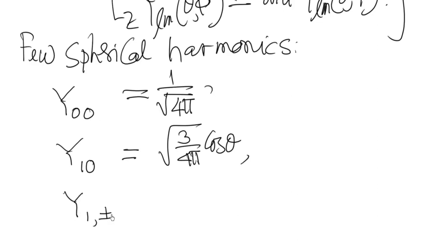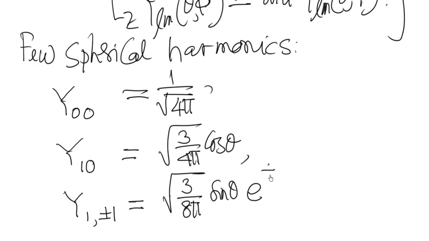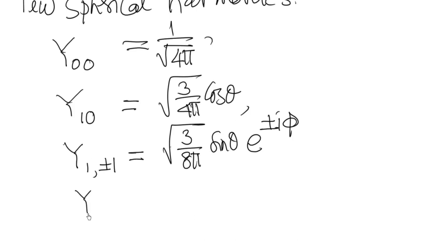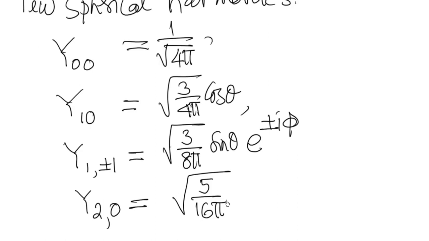Y1 plus minus 1 is equal to square root of 3 by 8 pi, times sine theta e to the power plus minus i phi. Y20 is square root of 5 by 16 pi, times 3 cos squared theta minus 1.